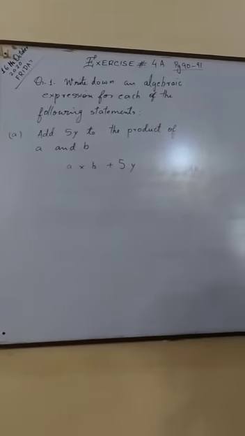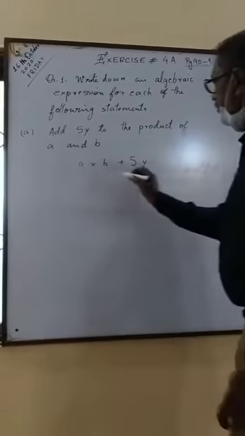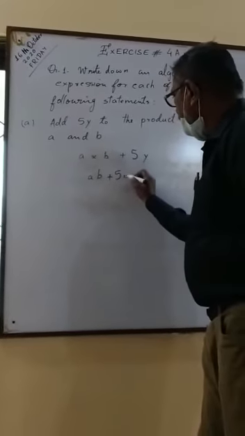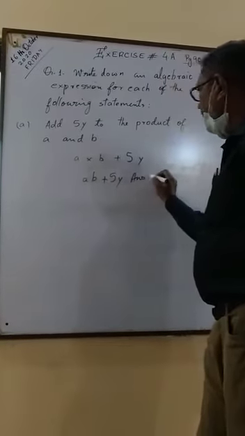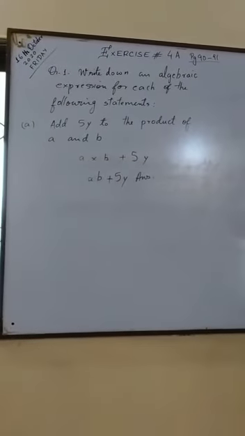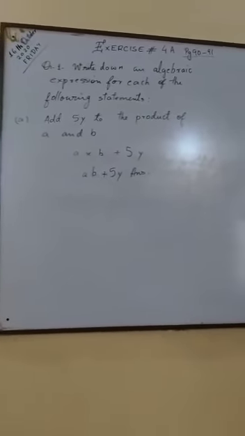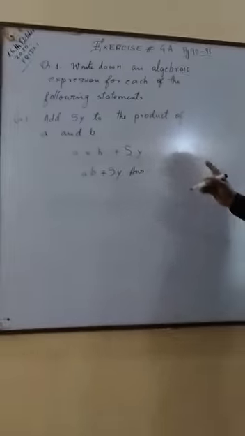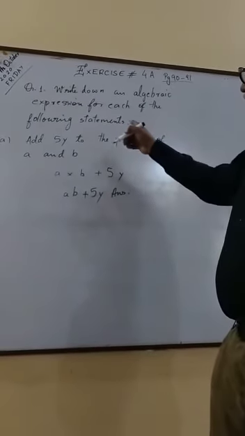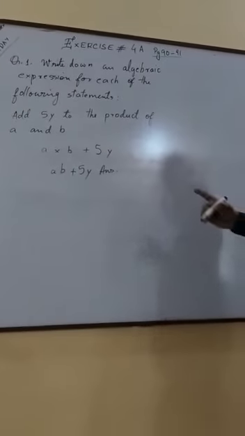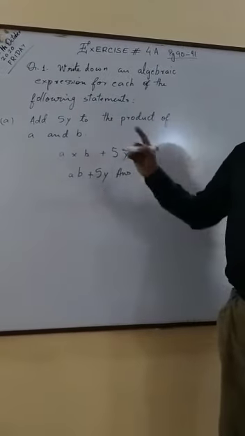So this will become AB plus 5y. This is the required expression which was asked in the question. So, add 5y to the product of A and B.